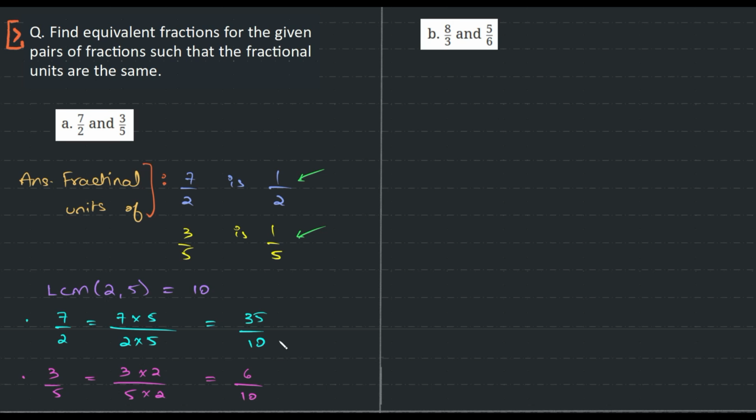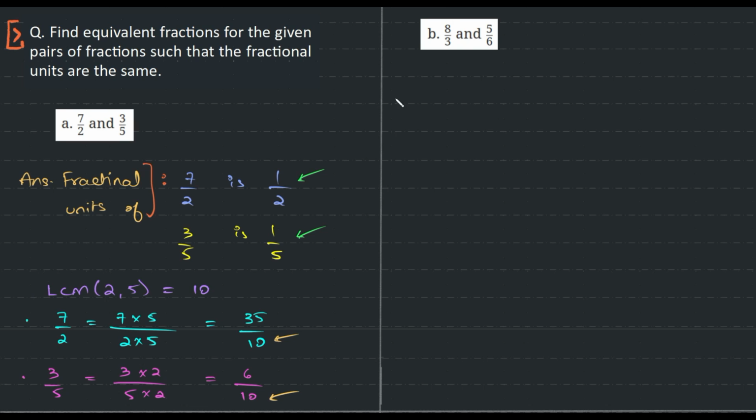And as you can see, now the denominator is the same. So 7 by 2 is equal to 35 by 10, while 3 by 5 is equal to 6 by 10, and the fractional units are the same. So this is what they are asking us to do.